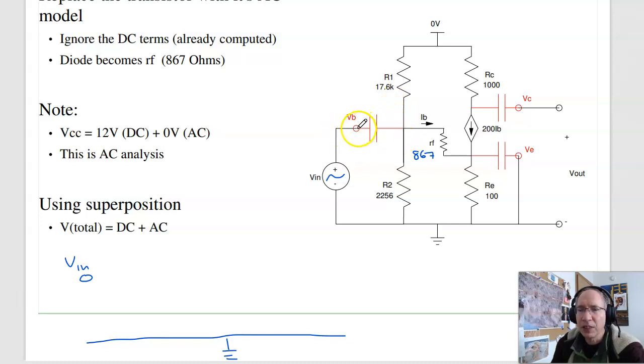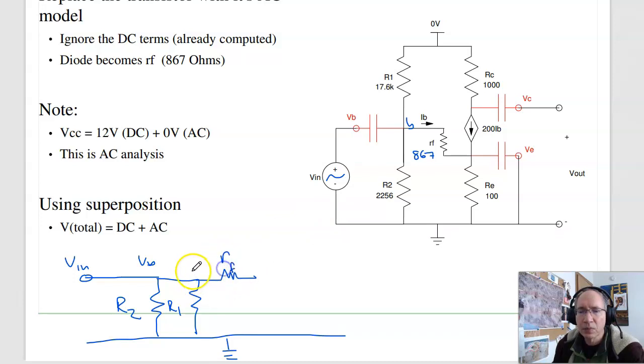So at VN, I go to the base, right here, there's the base. I see R2 to ground. I see R1 to ground. And that takes me to my diode. The diode is rF. There's your base. That takes me to the emitter.